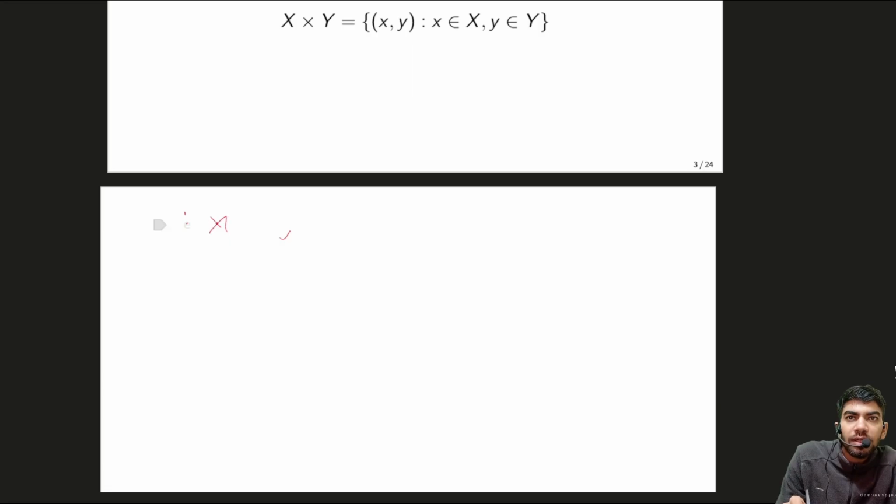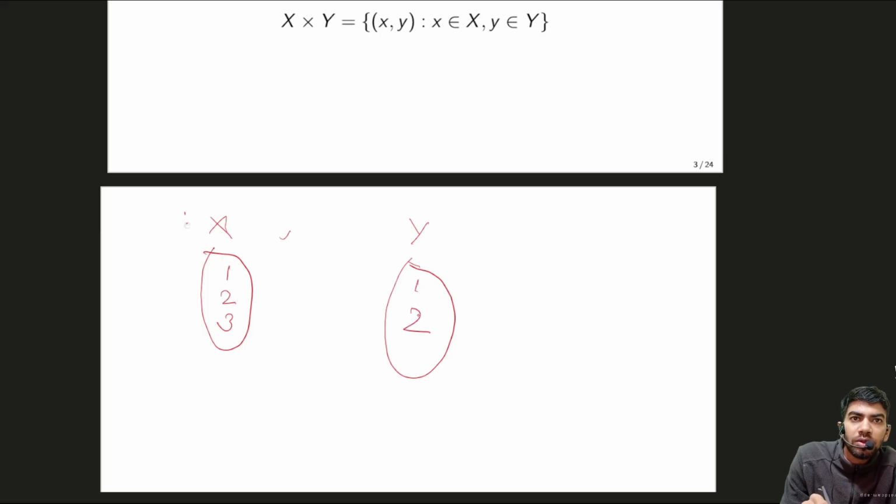Let X be a Venn diagram with 1, 2, 3. Let Y be equal to 1, 2.